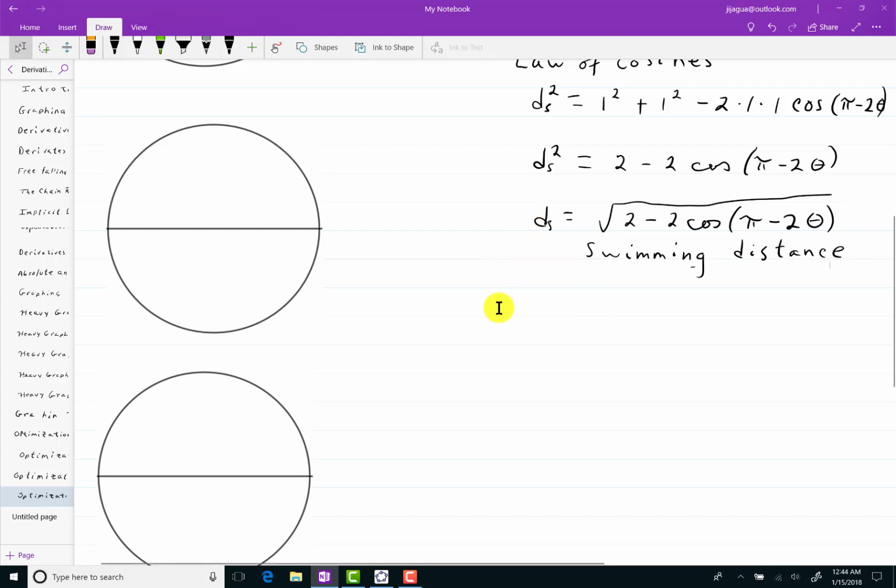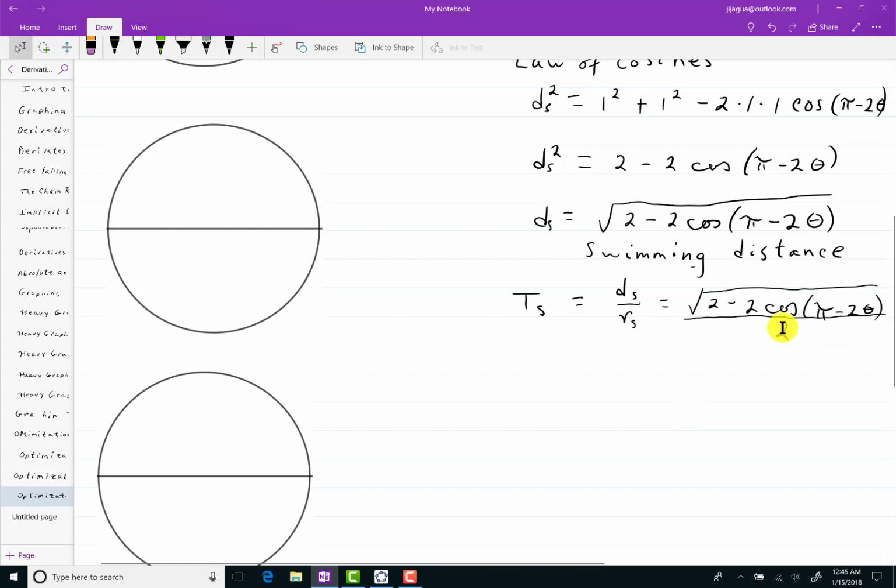So then what is his swimming time? Well, if I call t sub s his swimming time, that's equal to d sub s over his swimming rate. If you don't mind, I use r sub s for the swimming rate. Well, here's the formula for the distance: square root of 2 minus 2 cosine of pi minus 2 theta. And while he's swimming, it said the rate was 2 miles per hour.